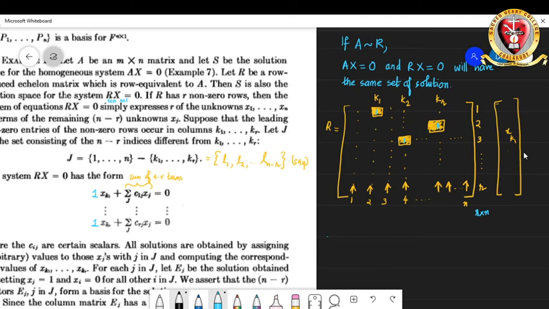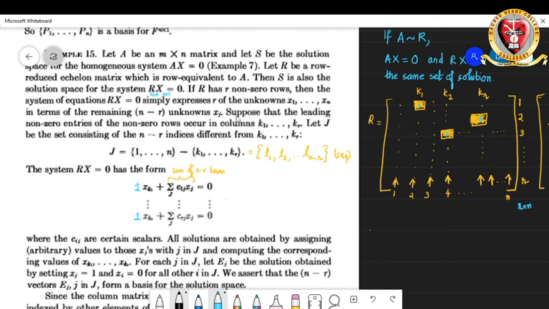So what is happening here is that the unknowns xk1 etc xkr are equated as follows: xk1 is equal to the negation of the summation over the index j of c1j xj.